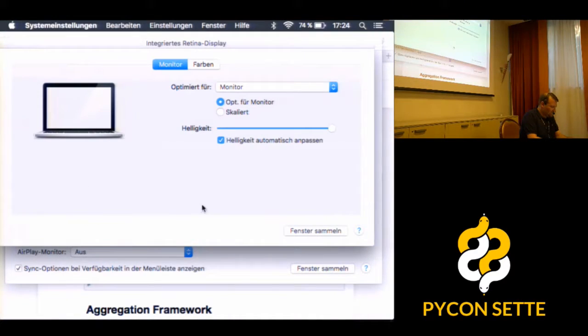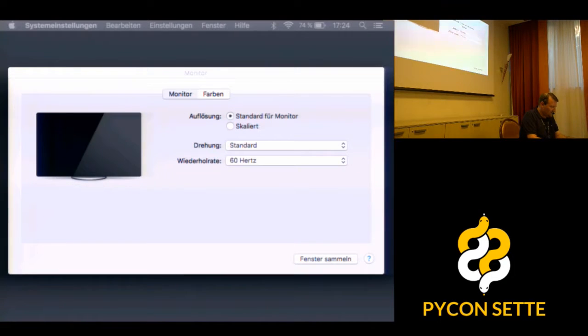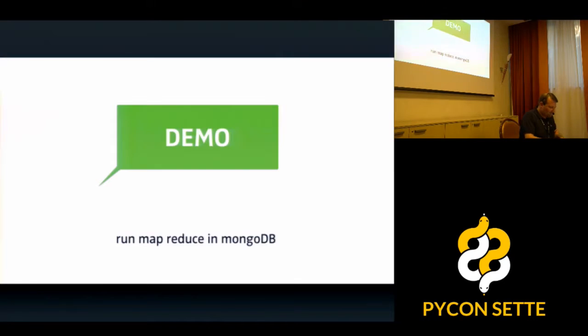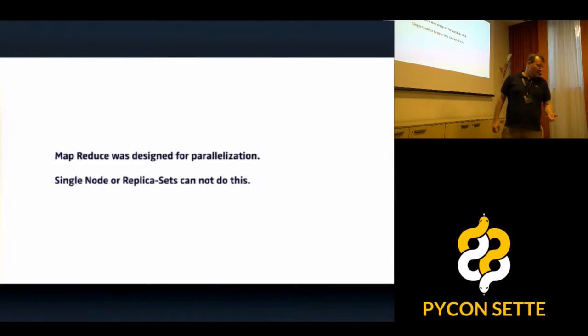So let me switch back. Our mapper provided a map reduce phase, and we got some output, and it took us 6 minutes. And why is that so?